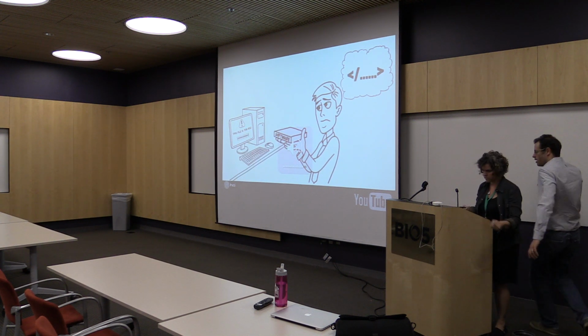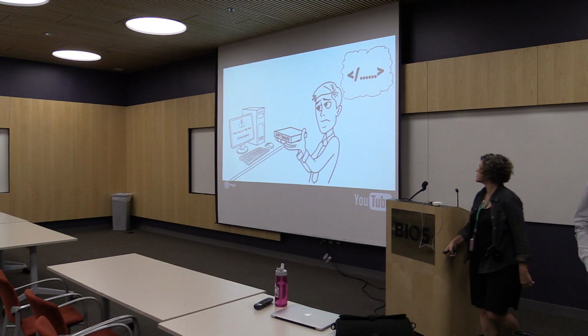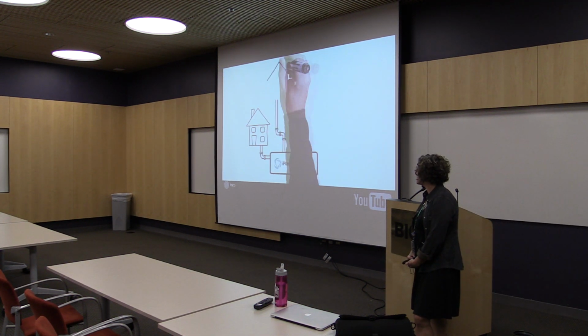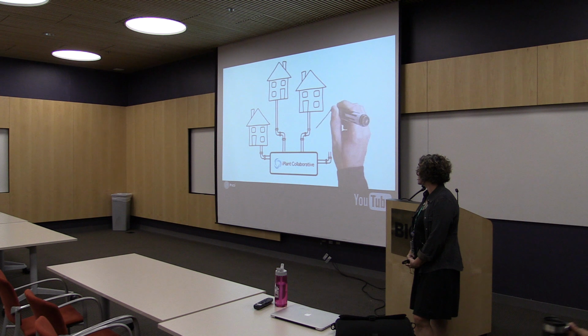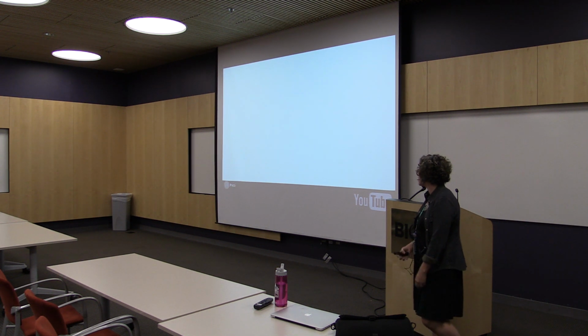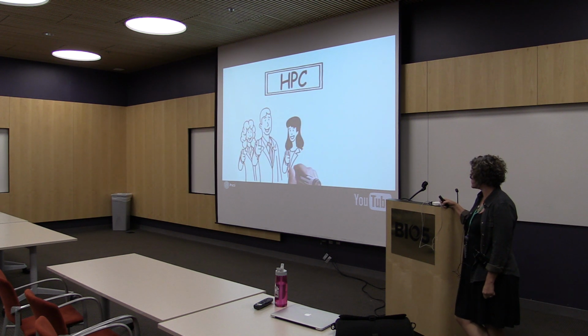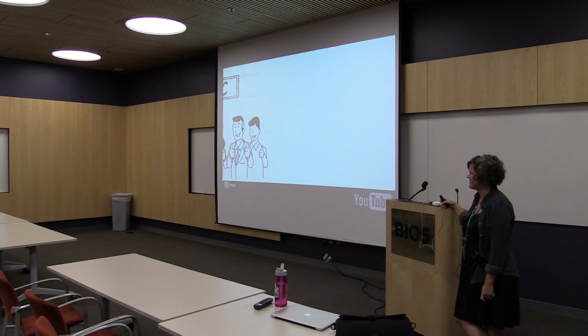Can't even manage or share your data because it's just too large. iPlant can help. iPlant is an easy-to-use cyber infrastructure that's built for data and analysis in a collaborative environment. iPlant provides storage, access to high-performance computing, and collaborators who can help you solve life science research problems.